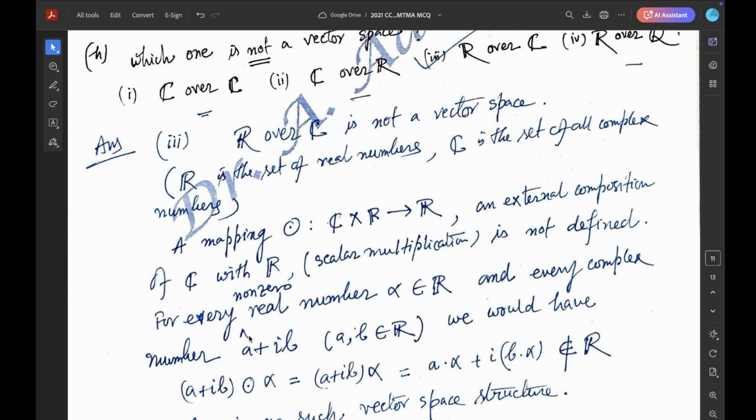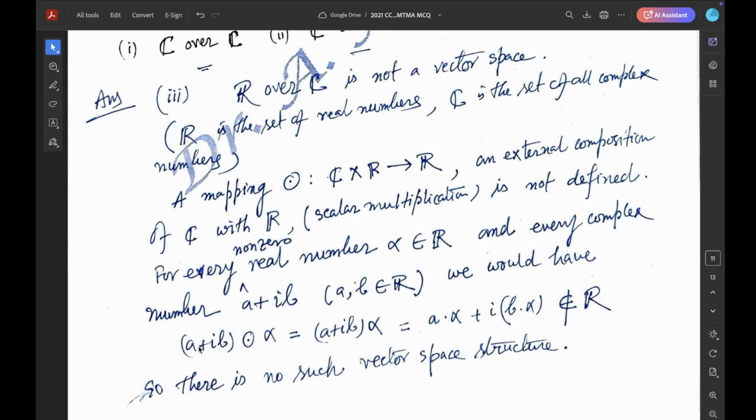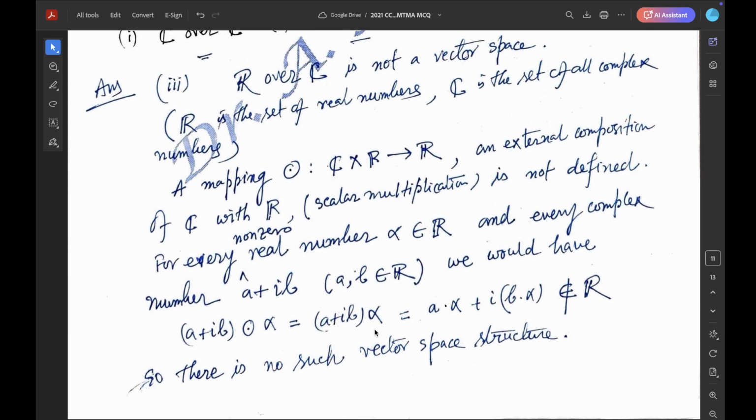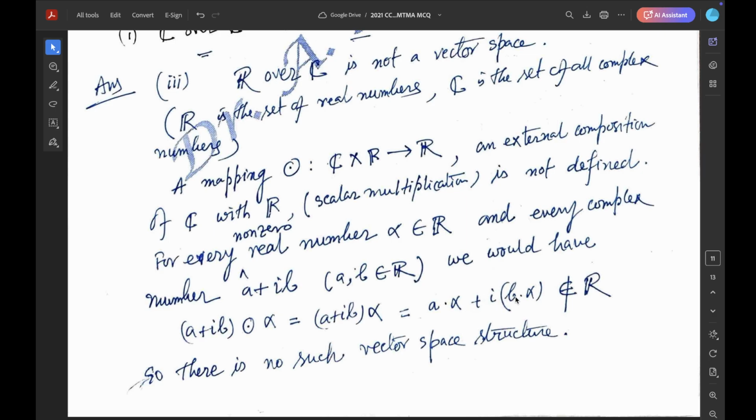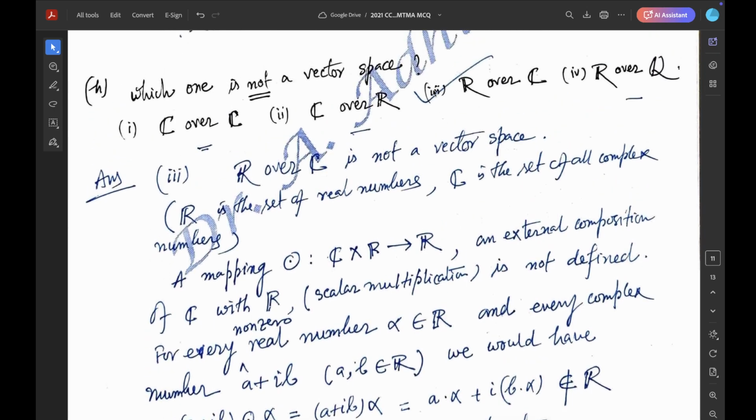For a non-zero real number alpha and a complex number A plus iB, with A, B in R, we would have (A plus iB) times alpha equal to A alpha plus i B alpha, which does not necessarily belong to the set of real numbers R. So this mapping is not defined, and there is no vector space structure here because this external composition is not defined. So R over C is not a vector space. Correct option is 3.